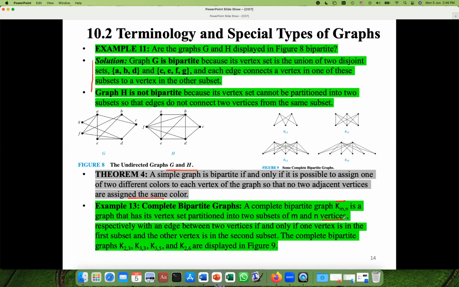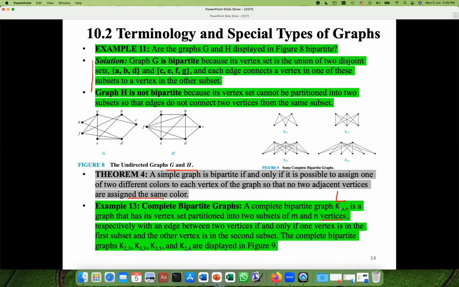Like, for example, you have seen in bipartition that you have one subset and another subset. So same thing, if you have some graph K, we are using this K for complete, because C we are already using for cycles. So that's why the letter is different here.